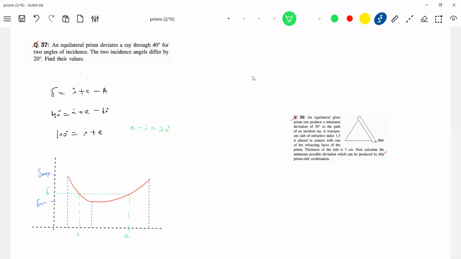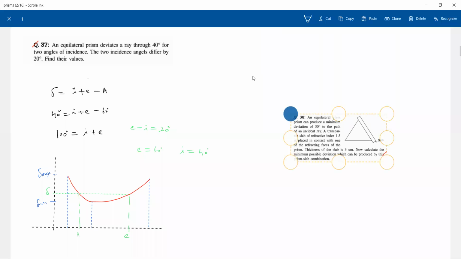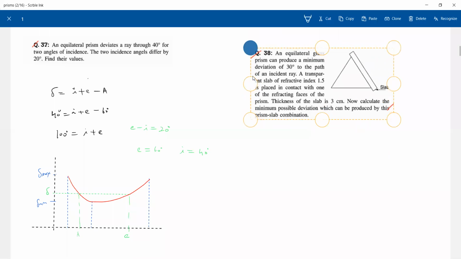Okay, solve this, and we'll get the values of I and E. Fine. Solving this will give 120, so E will be 60 degrees and I will be 40 degrees. Now there's one good simple question I just picked up.